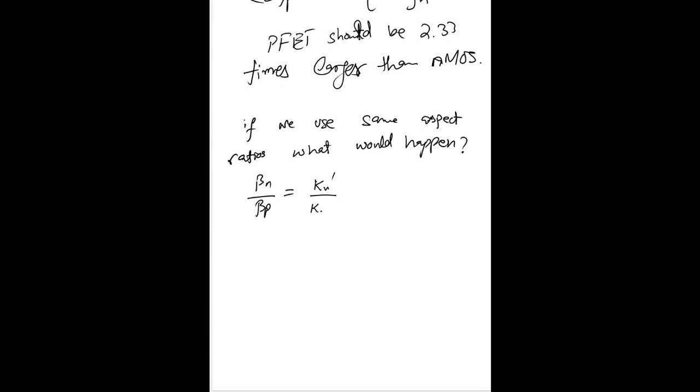We have K bar P, and then we have these ratios W by L of N and W by L of P. In this expression these two are equal to 1, and we have solved the other two terms earlier, which was 2.33, so we can say that beta N by beta P is equal to 2.33.